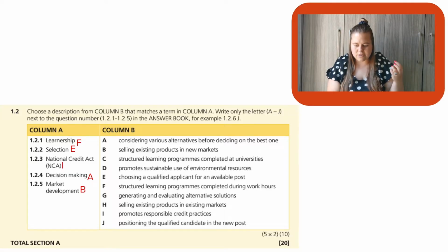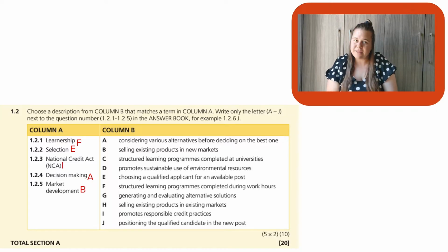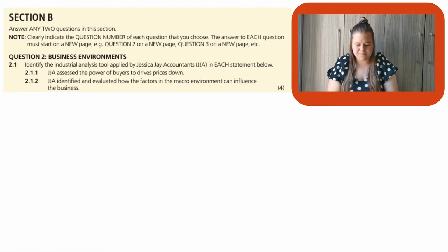National Credit Act, the correct answer was I, promotes responsible credit practices. Its buddy, I'm just looking through here quickly, is considering various alternatives before deciding on the best one. Okay, that's what I'm saying, just be careful. Okay, let's move on. 10 marks there.